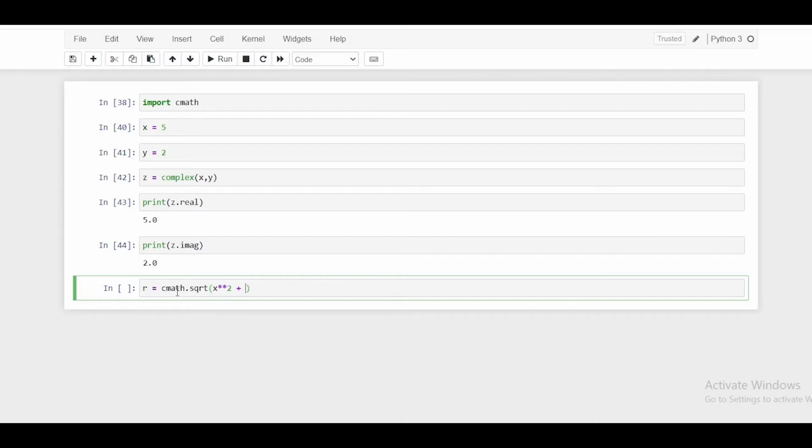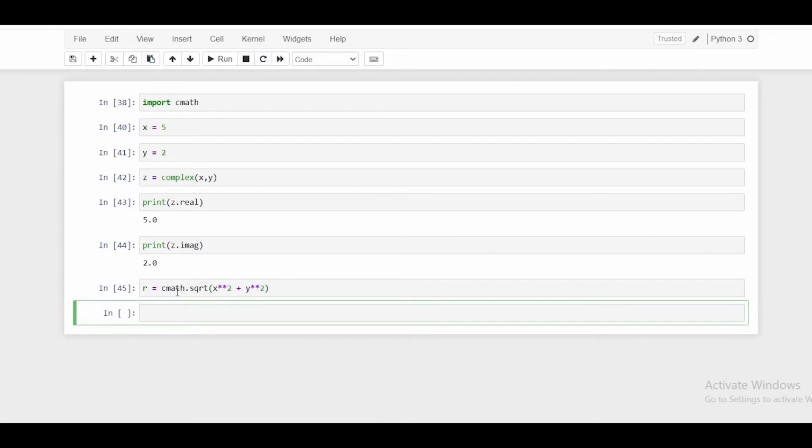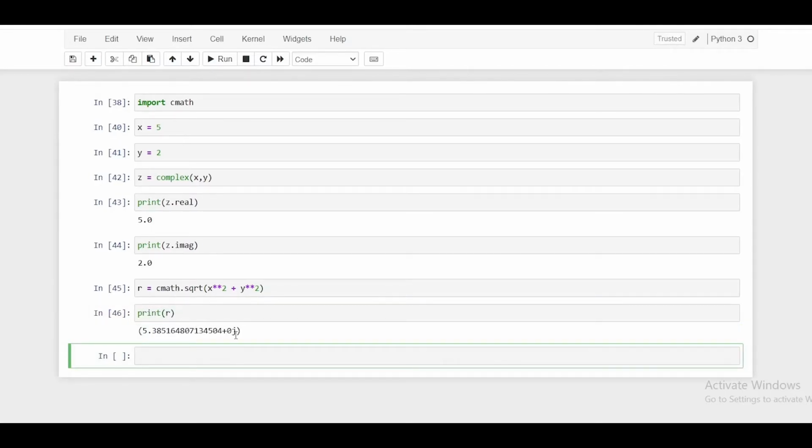When you use the cmath module, we use the dot sqrt method to represent the square root. So when we calculate square root of x square plus y square, we get r to be 5.385164. So we have already found r, which is a part of the polar form.